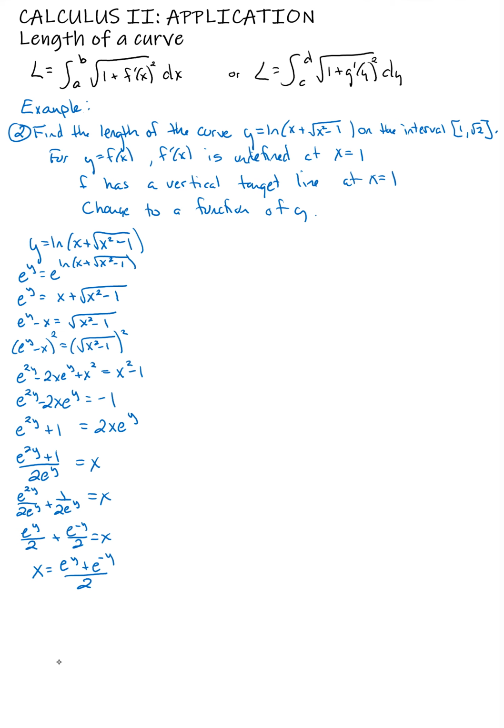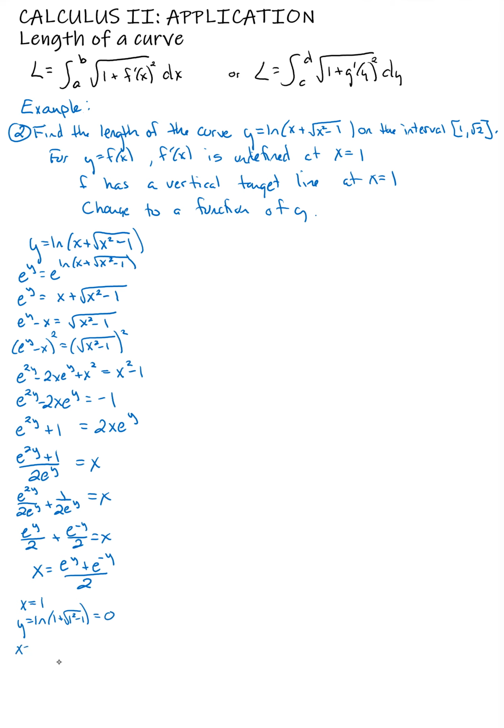Anyway, the other thing I need, so I now have x as a function of y. I also need to make sure that I change my interval. Those are x values. I need those as y values. So when x is 1, y is the natural log of 1 plus the square root of 1 squared minus 1, which ends up giving us just a 0.